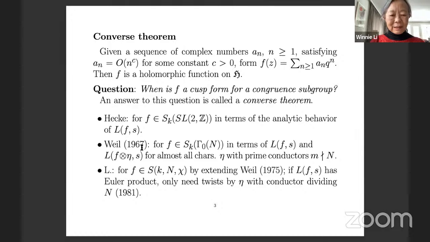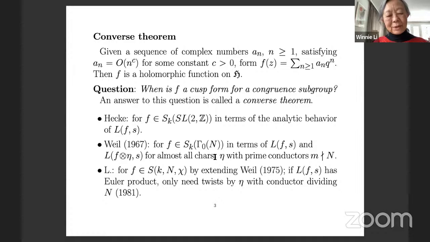Then Weil, in 1967, extended this to cusp forms of weight k for the group Γ_0(N). When N is not 1, usually one functional equation for this L series is not enough, so he also considered L series attached to the twist of f by characters.